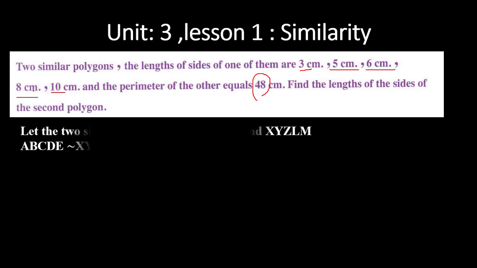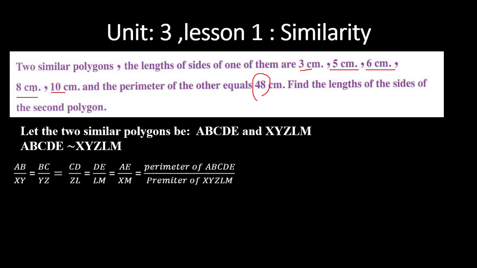So the perimeter of the first one is 32, and the second one has perimeter 48. I call the sides A, B, C, D, E, and the other ones X, Y, Z, L, M. So the ratio will be 32 over 48.